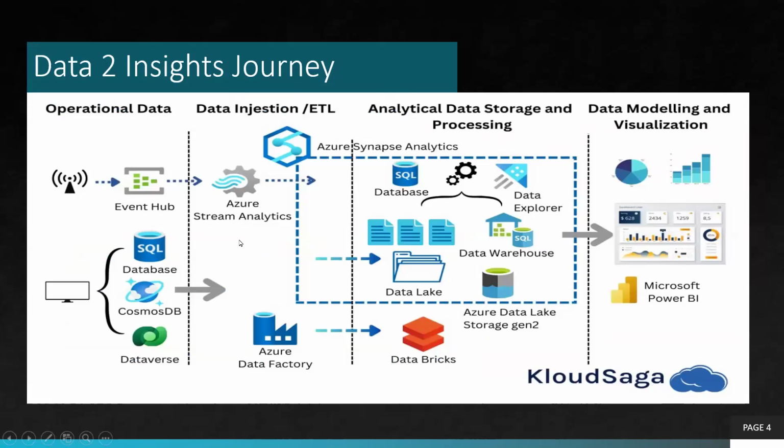If you see this particular slide, there are some divisions, right? And we can say the first part is operational data or data collection. When you say operational data, it can be activities like purchasing a product in the shop, or it can be observation.